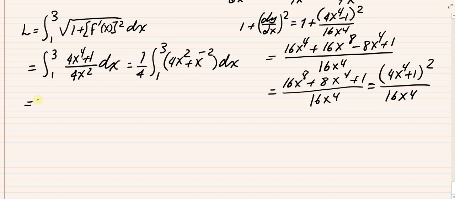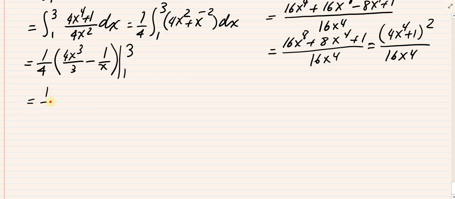And that's equal to 1/4 parentheses, the integral of 4x squared is 4x cubed over 3. And the integral of x to negative 2 is going to be x to negative 2 plus 1 is negative 1 over negative 1. So that's negative 1 over x. Evaluate it from 1 to 3.